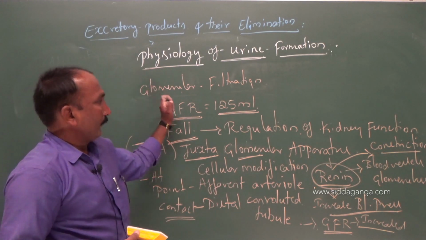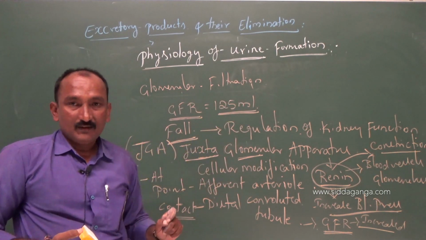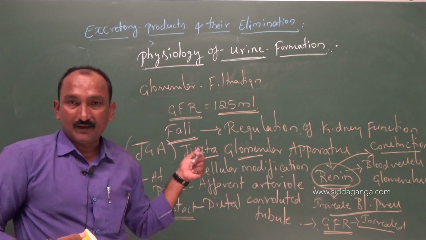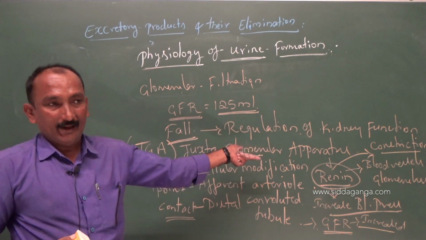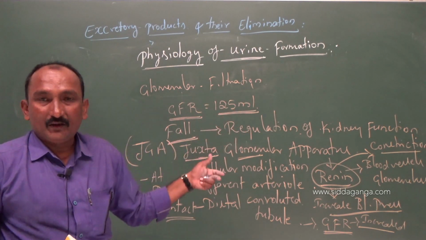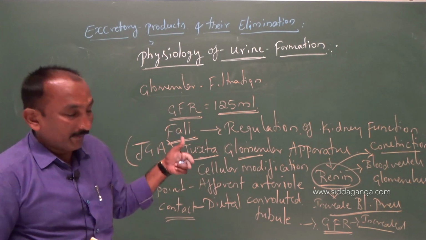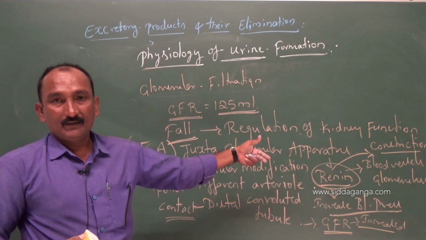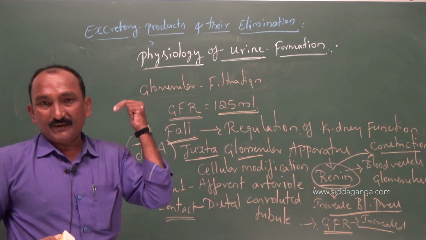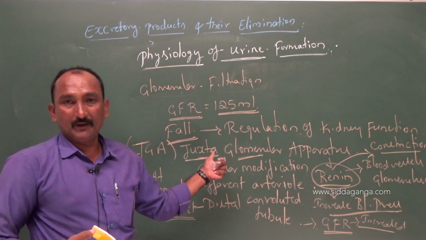Also, glomerular filtration occurs through three layers: the endothelium of the blood vessel, the middle basement membrane, and the inner layer of the Bowman's capsule, which we call an epithelial lining made up of podocytes. Through that, the filtration takes place. The filtration is almost fine filtration, hence it is called ultrafiltration.